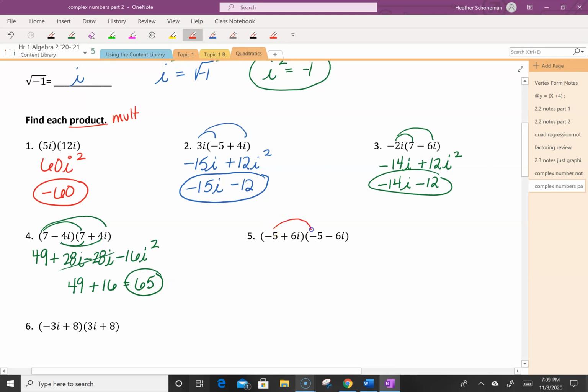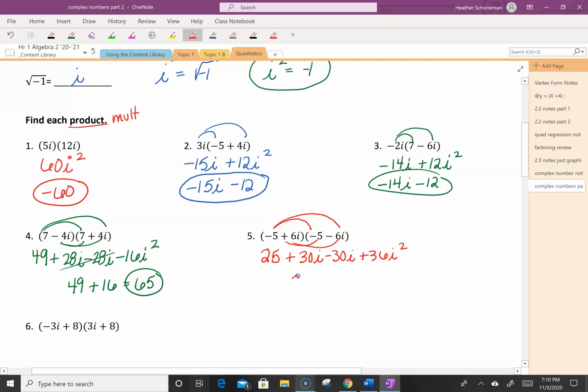All right, number 5. Again, I'm going to multiply. I'm going to FOIL, distribute, whatever you're going to call it. -5 times -5 is 25. -5 times -6i is +30i. And here I get -30i and then +36i squared.